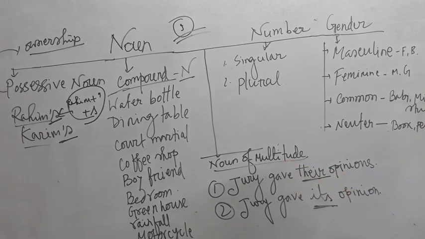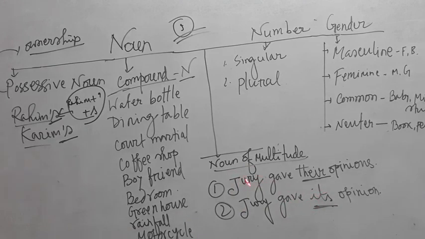Actually, noun of multitude means the subject that is something like a collective noun maybe, but when it is used and means separate, then it will be a noun of multitude. This noun of multitude can be used within one sense or disclosing the meaning of singular.